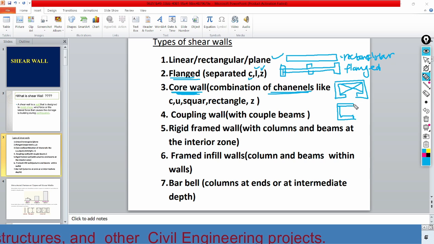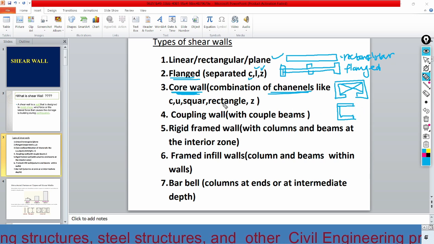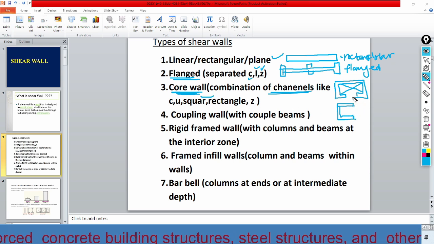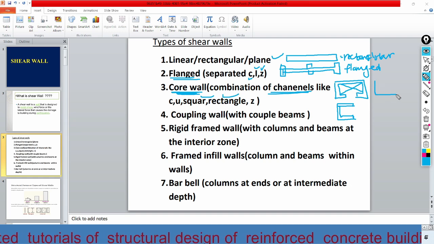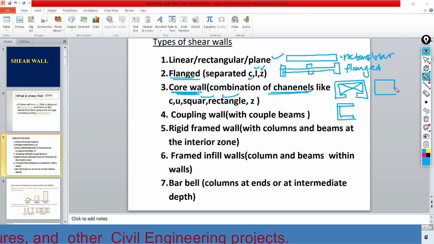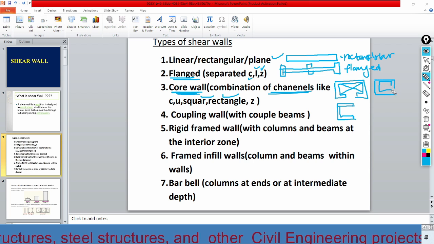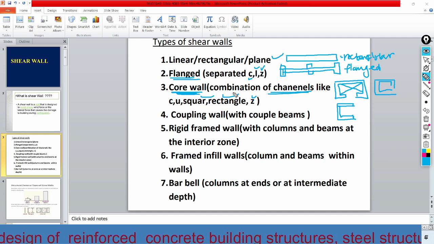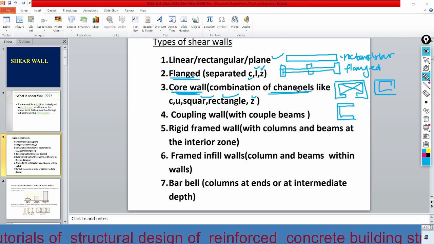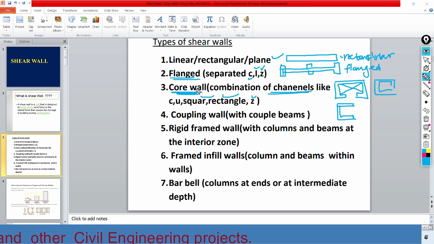It may be C type, just like this, or rectangular, or square type, or it may be Z shaped. So the combination of channels will provide a core wall.